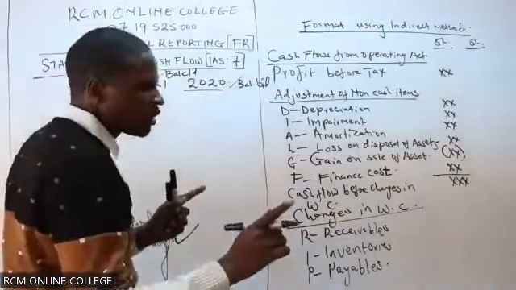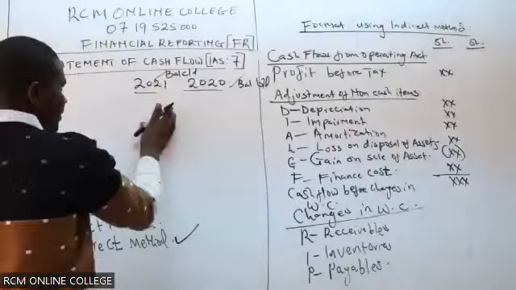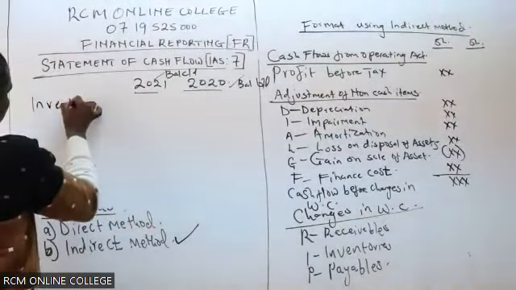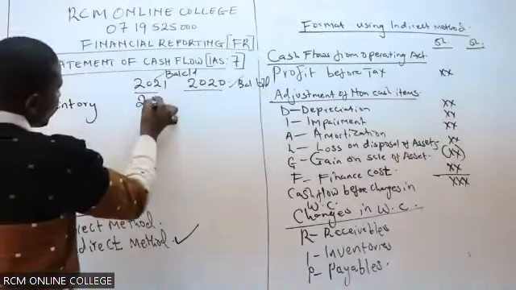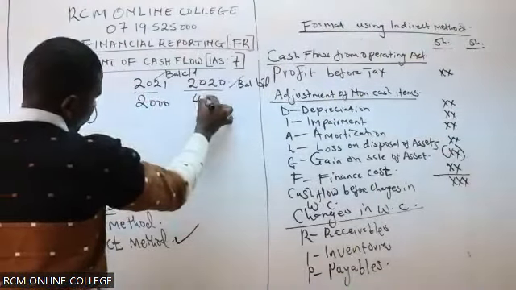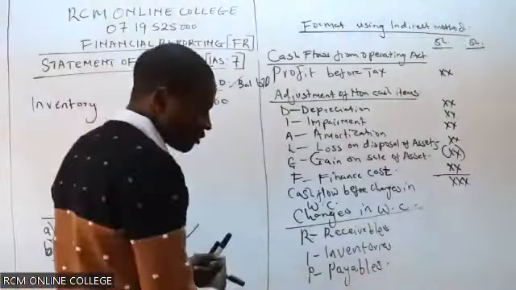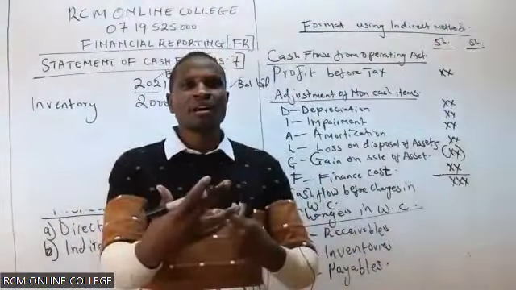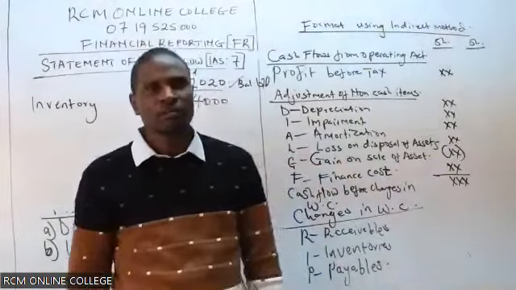Note that. Balances brought down, balances carried down. So if I have inventory here, I have 2,000 and here I have 4,000. I want a good student to tell me what happened to inventory. Did these people purchase or did they sell the inventory?